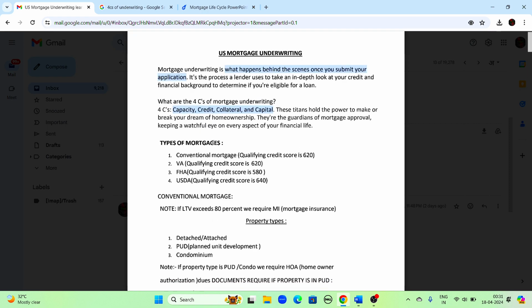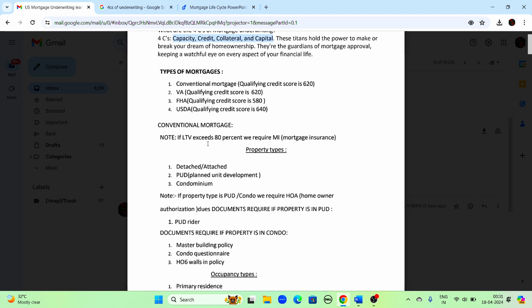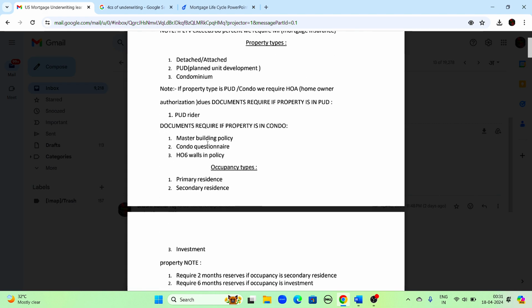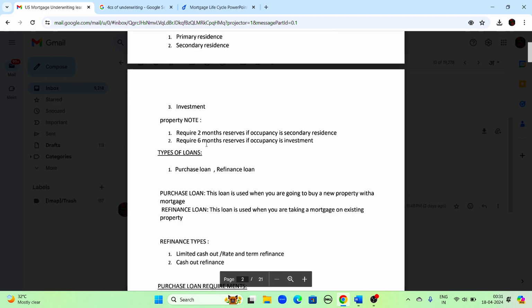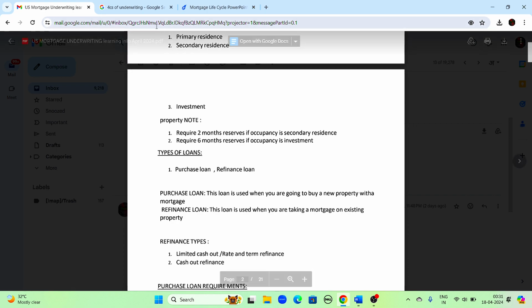And types of mortgage: conventional mortgage, VA, FHA, and USDA. Let's go on the occupancy types: primary residence, secondary residence, investment. Types of loan: purchase loan, refinance loan.